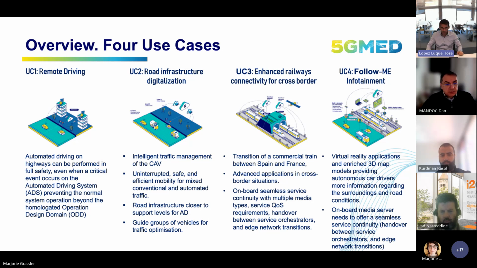Use case 2 is about road infrastructure digitalization. Here we are using different technologies from cameras on the highway, roadside units, and also the 5G network, so that when a car detects an obstacle, for example, it can send an alert message to the cars around in the area, and these cars can change lane and adjust the speed, so they can adapt in advance to the situation of danger.